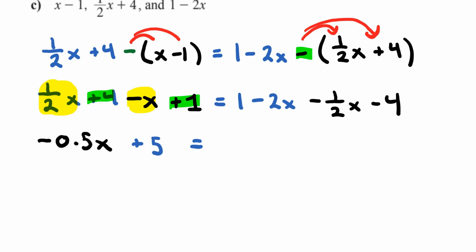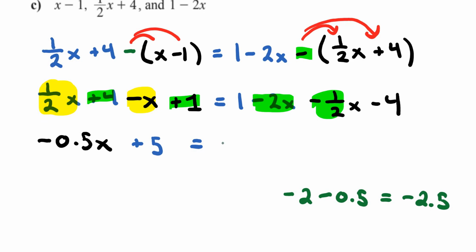And then over here, I have a negative 2x minus 1 half. So that's the same thing as negative 2 minus 0.5, which is going to be equal to negative 2.5. So I'll leave that as negative 2.5x. And then I have a 1 and a minus 4. So 1 minus 4 is going to be negative 3.